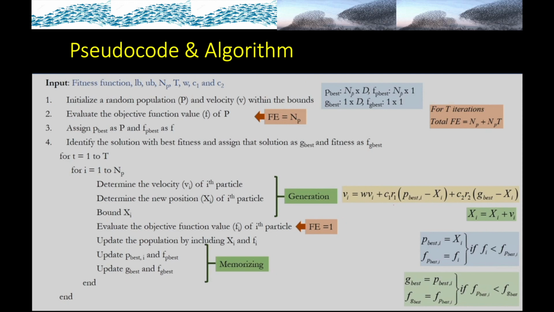Although I had simplified it quite a lot by not including the inertia part and the cognitive part itself, the social part was the only component in there, and you can see that even with just the social part we could come to a solution in that really simple case.